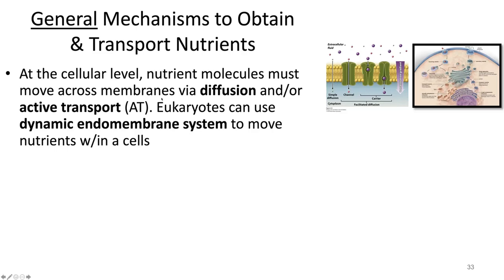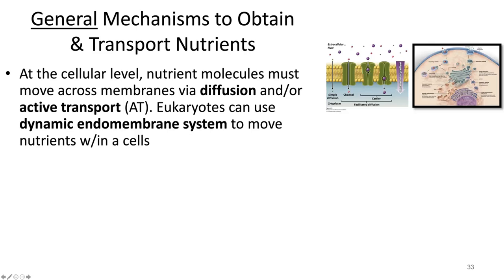Organisms also use active transport to move molecules across a cell membrane. Active transport always involves investment of energy in ATP, and often involves carrier proteins or carrier molecules that can move a molecule that typically can't freely move across a cell membrane through simple diffusion.